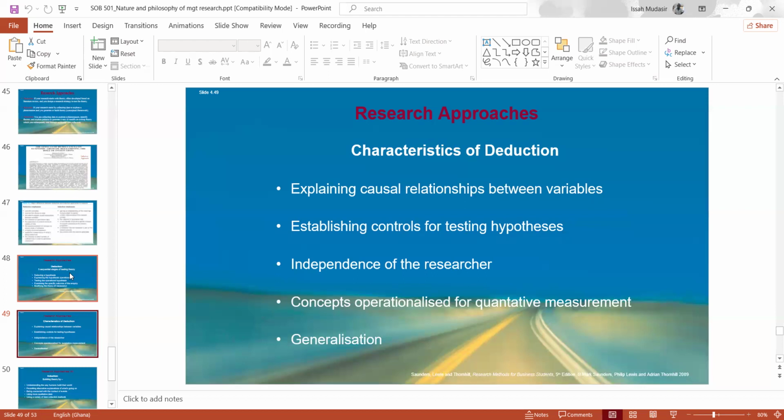So it is the researcher who now has to go and collect data, study the patterns in the data, study the behaviors in the data, and out of that come out with a theory. Okay, so positivists are more likely to use a deductive approach. Constructivists or interpretivists are more likely to use what? Inductive approach. Okay.